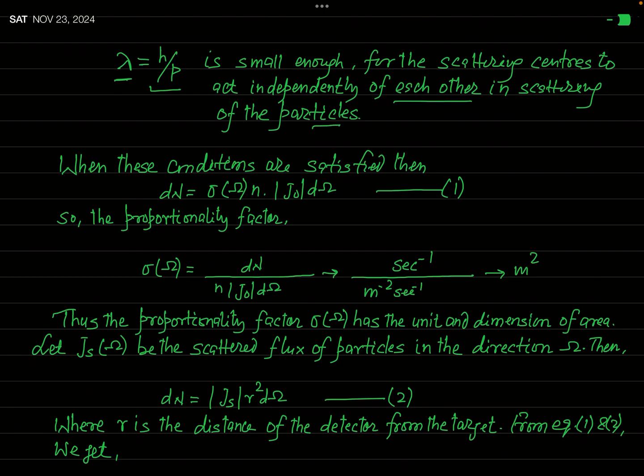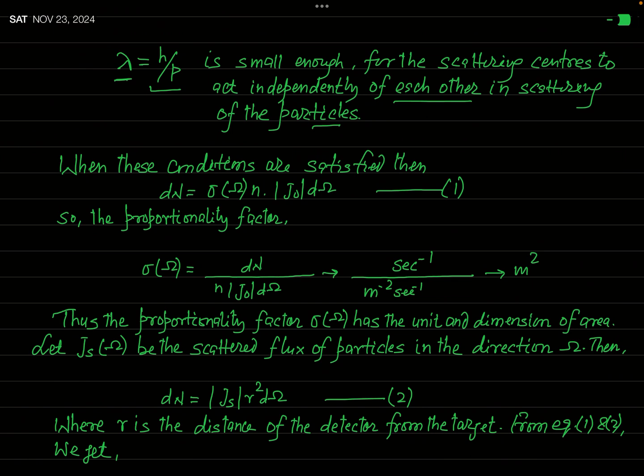It means in this condition, each and every scattering center will be unaffected by the presence of the others. And this is another requirement for this scattering experiment. So for the independence of the scattering centers from each other, the de Broglie wavelength must be very small.